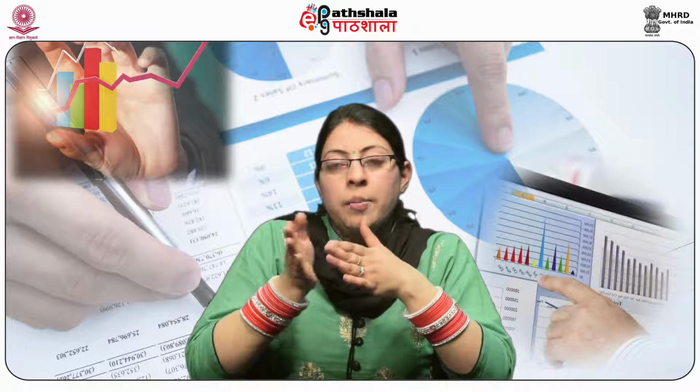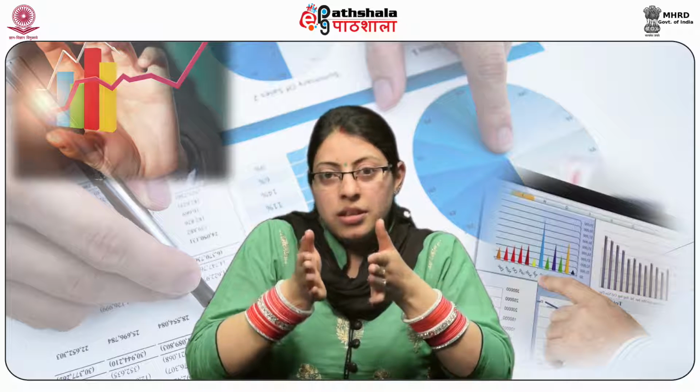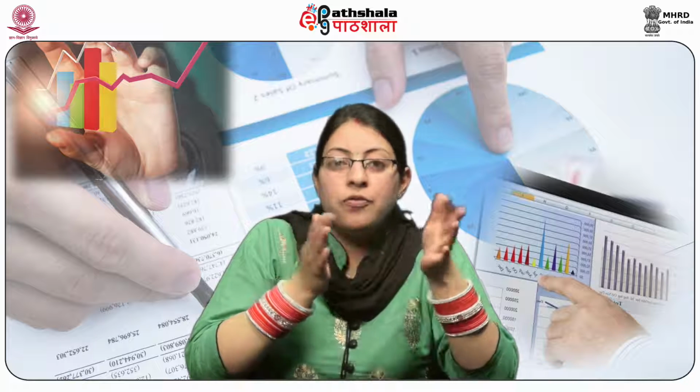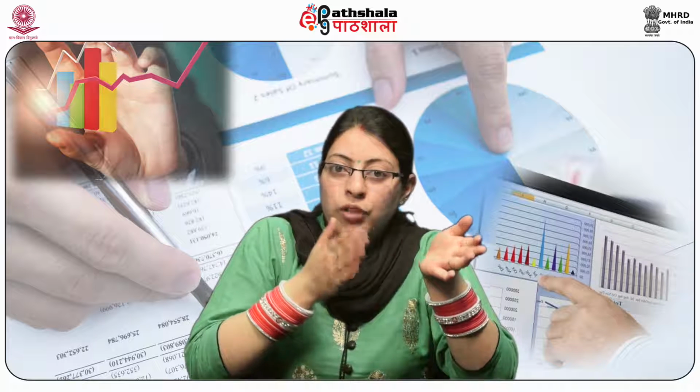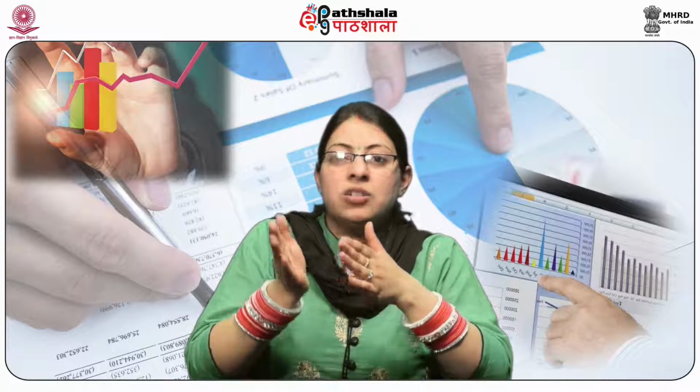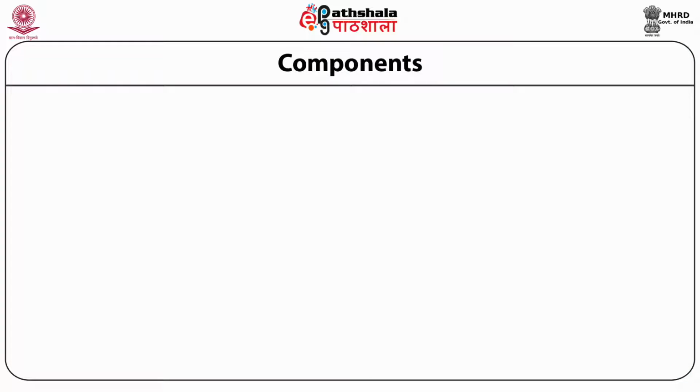Activity ratio measures the efficiency or effectiveness with which a firm manages its resources or assets. These ratios are also called turnover ratios. Now we'll study about types of efficiency ratios.